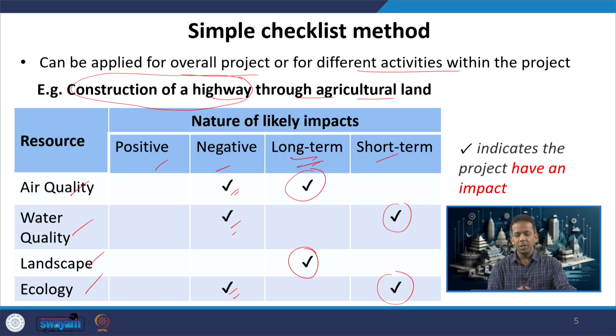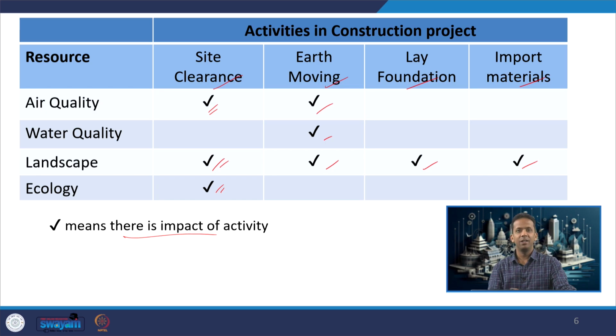See, both of these tables are correct, and both of them are simple checklist methods. In one we have assumed the entire project as one activity, and in the other we have listed down the specific activities. Here I have given only 4 resources, 4 activities, just for making you understand, but it can be n number of activities, n number of resources or environmental components which can get affected.